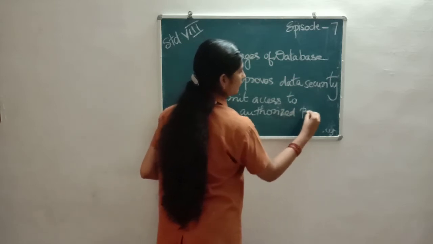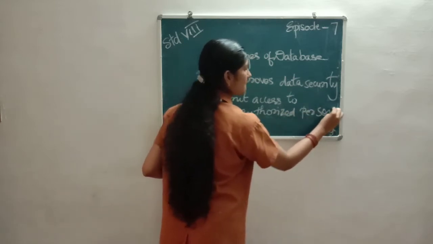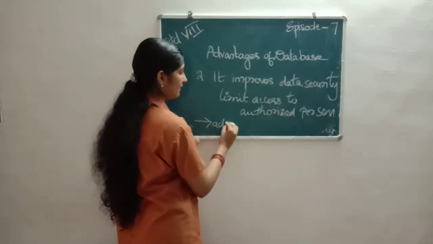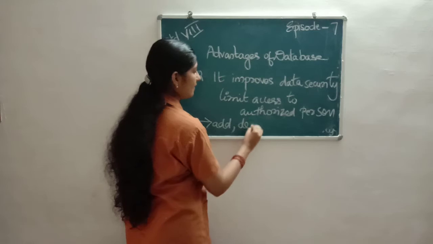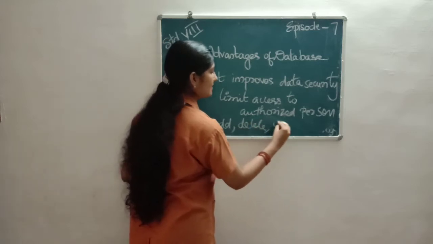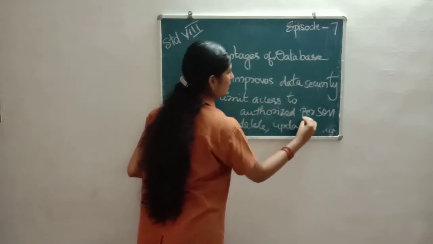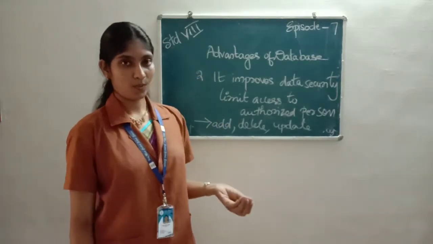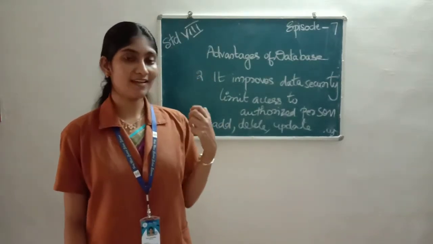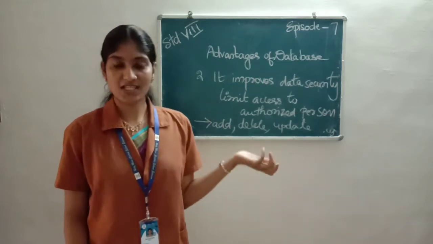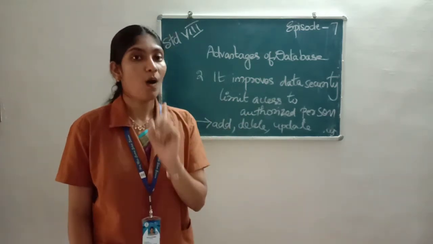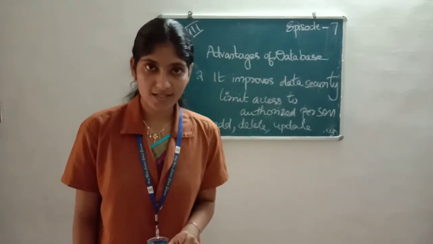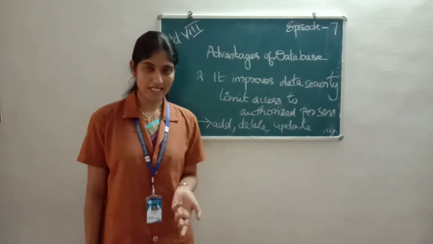Persons for performing operations. Which are the operations? For adding data, deleting data, updating, etc. So this means it is more secure. Not anyone can access the data from the table. Only authorized persons can add, delete or update data in a database.